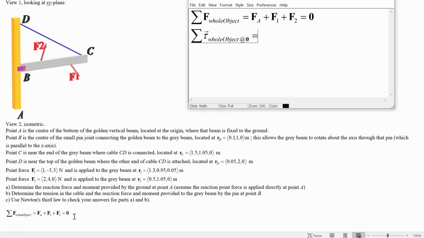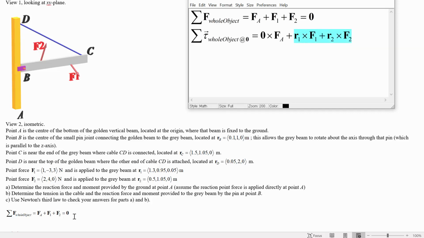Well, it'll be RA minus the location of the origin, which is just 0, crossed FA, plus R1. In fact, RA is applied at the origin too, so that's 0 cross FA, plus R1 cross F1 plus R2 crossed F2.